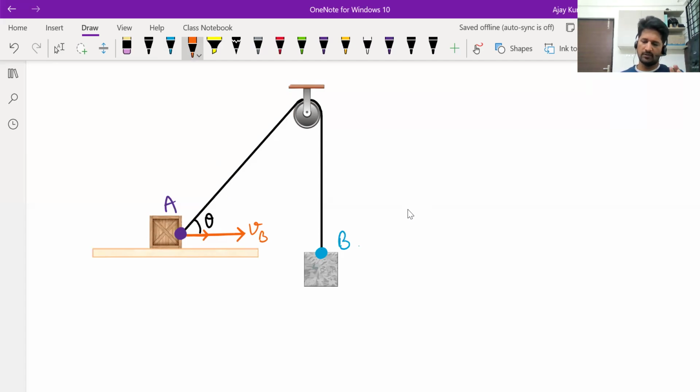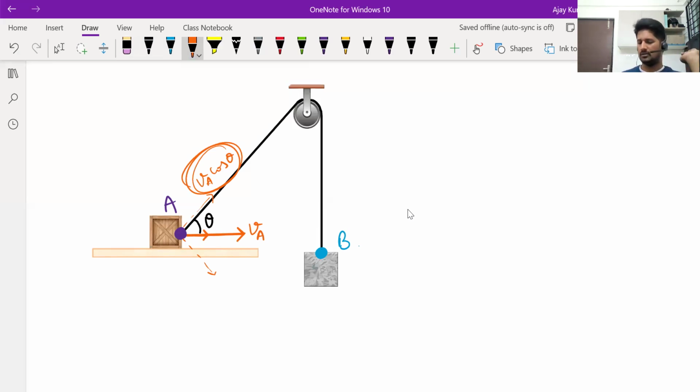Now that velocity VB, or okay, just to avoid confusion, I'll call it as VA, velocity of the point A. It's actually the box's speed. It's to the right side. Now that velocity of point A can be resolved into two components, one perpendicular to the string and one parallel to the string. Parallel to the string, it is VA cos theta. This VA cos theta is what shortens the string on this side.